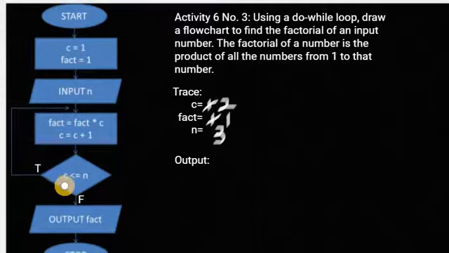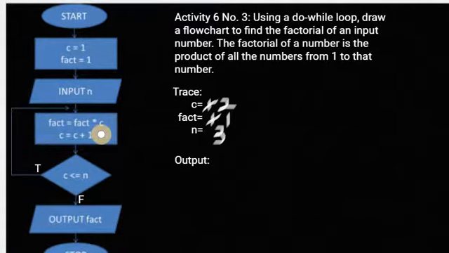We have the current value of C, which is 2, less than or equal to the current value of N, which is 3. So that's 2 less than or equal to 3, which is true. So we write that again, and then calculate this again. So we have the current value of fact, which is 1, times the current value of C, 2.